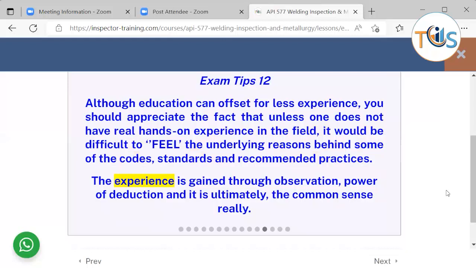Education can offset less experience. You should appreciate that unless one has real hands-on experience in the field, it would be difficult to feel the underlying reason behind some of the codes, standards, and recommended practices. Experience is gained through observation, power of deduction, and is ultimately common sense.